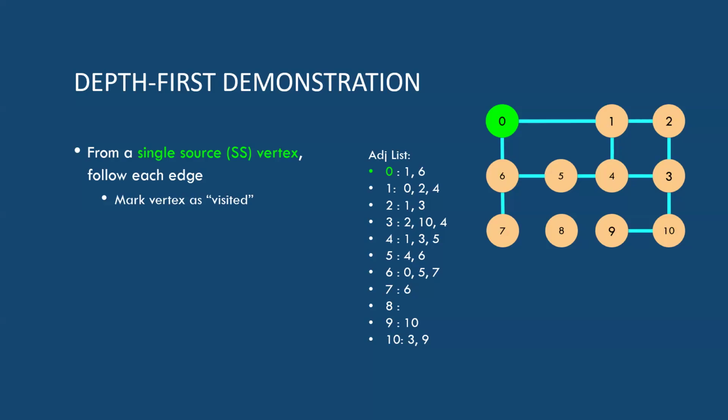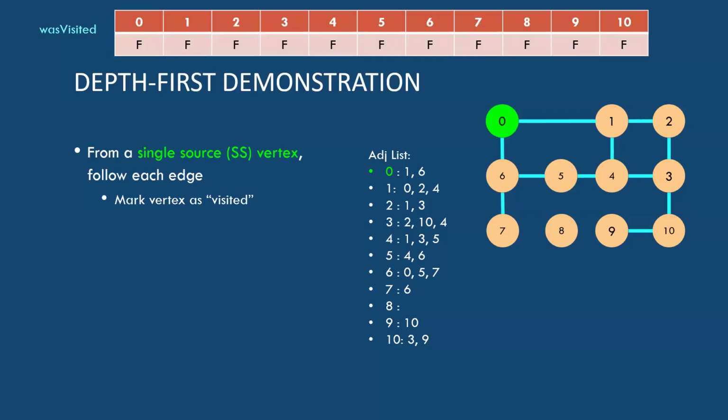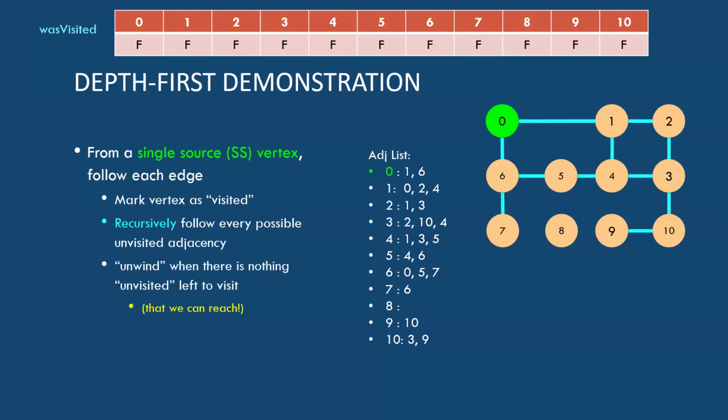So we're going to need a little array or some way of saying I've already been here, to drop a breadcrumb. So very often we just create an extra little array with a Boolean value for every vertex in the graph to say whether it was visited or not, okay? So initially, nothing's been visited, okay? So if I start at vertex 0, I'm going to mark that thing as visited, okay?